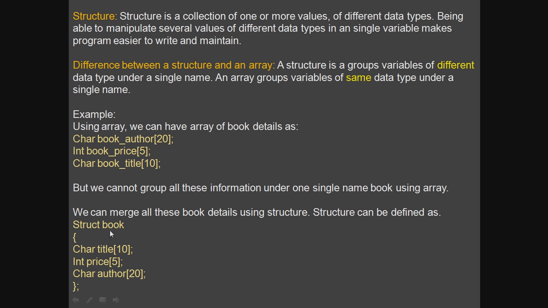You can see that the square brackets refer to an array, so we are using an array inside the structure. Here the arrays are used to collect the details about the title, the price, and the author, but they are all arrays of the same type.